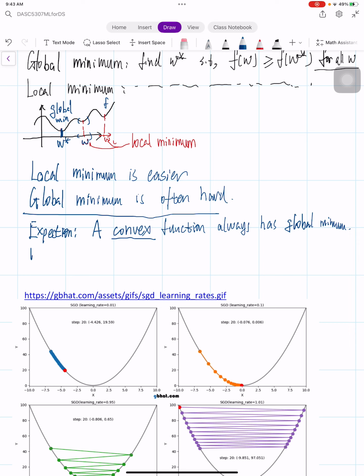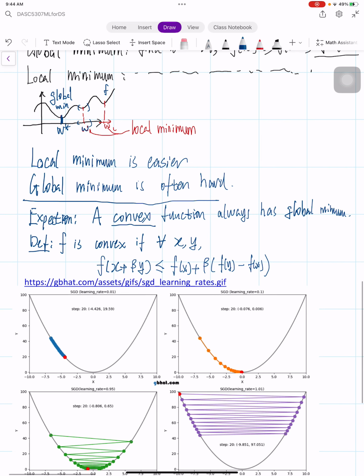Maybe let me give you a definition here. f is convex if for any points x and y, the function at the linear combination of x and y, for example x plus beta times y minus x, will be below f of x plus beta times f of y minus f of x.